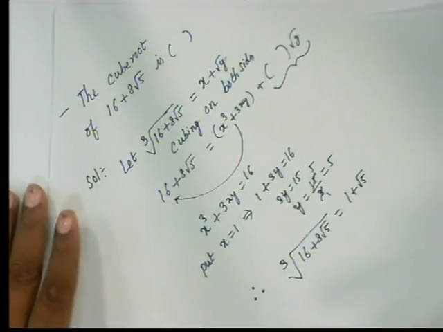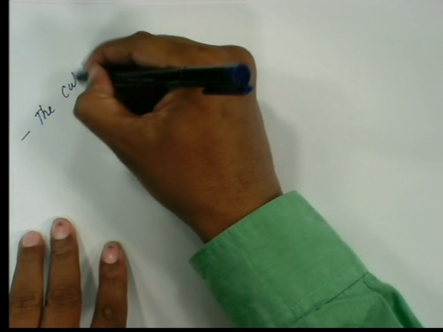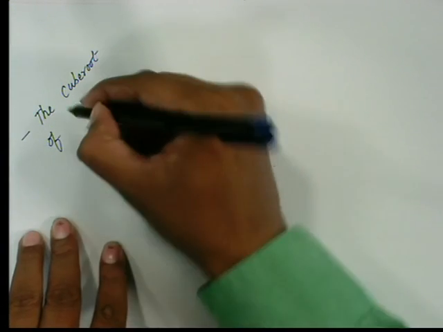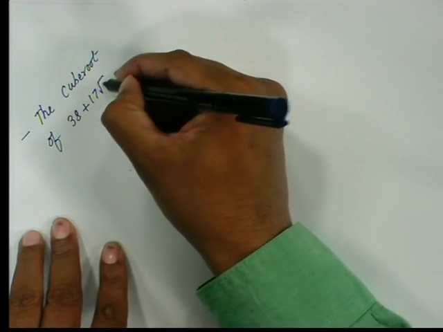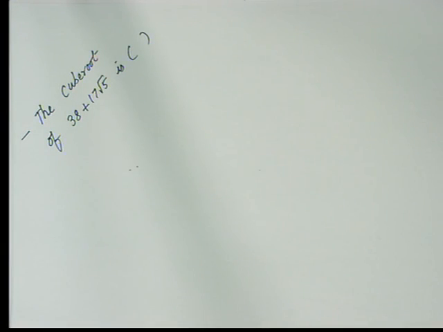So let us go for one more question. The cube root of 38 plus 17 root 5 is... Okay, let us do this problem.